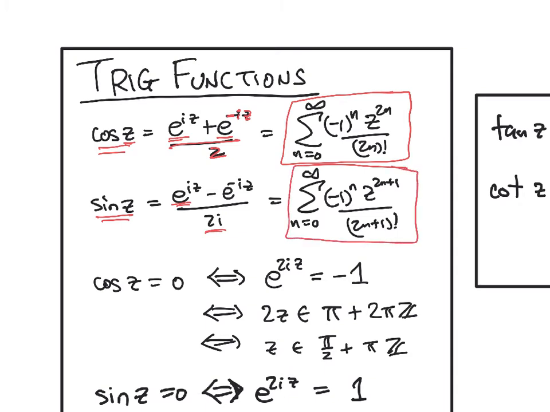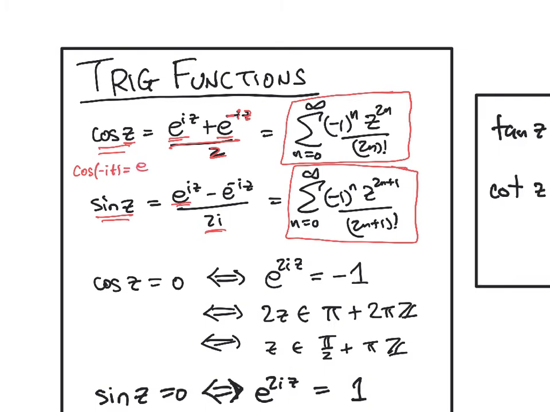Notice you can think about these functions in the entire complex plane. They're not going to be bounded by 1 or anything. I mean, they'll go to infinity in certain directions. In particular, if I plug in something like cosine of minus it, what do I get in here?